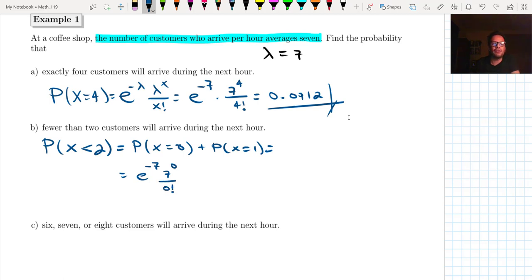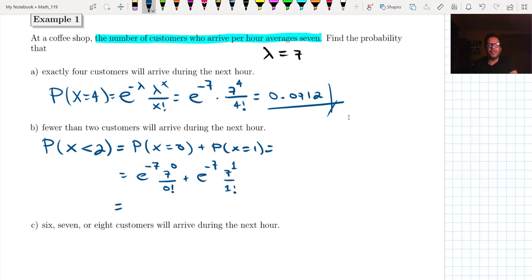And again, keep in mind that 0 factorial is 1, plus e to the negative 7 times 7 to the first power divided by 1 factorial.